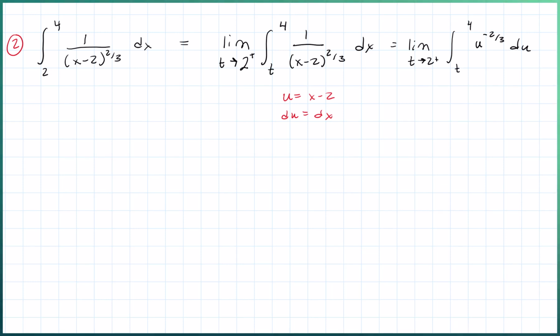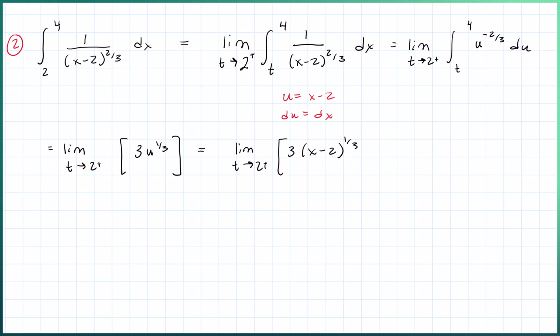Replacing the dx with the du, this becomes the limit as t approaches 2 from the right of 3u to the 1/3, which is 3 times (x minus 2) to the 1/3, or the cube root of that quantity, evaluated from t to 4.